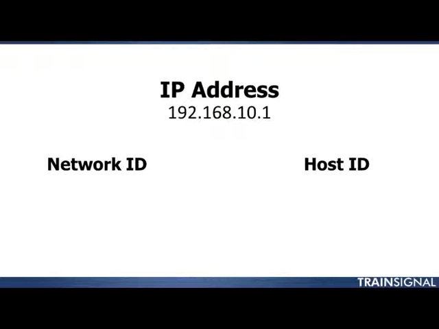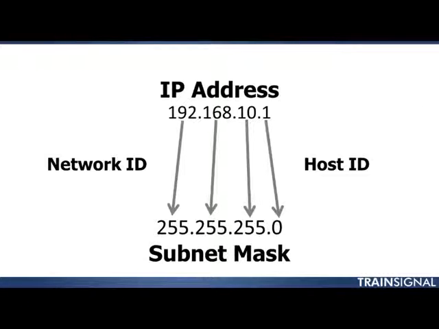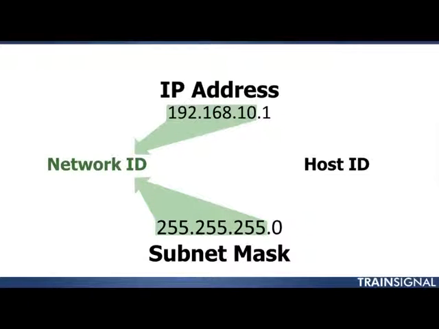And that's where we refer to something called the subnet mask. You typically will see a subnet mask with a bunch of 255s and zeros, although we'll see in an upcoming lesson how there can be other numbers besides 255 and 0. But the idea here is that if you had a subnet mask of 255.255.255.0, the 255s, those three of them, represent the network ID portion of the IP address.